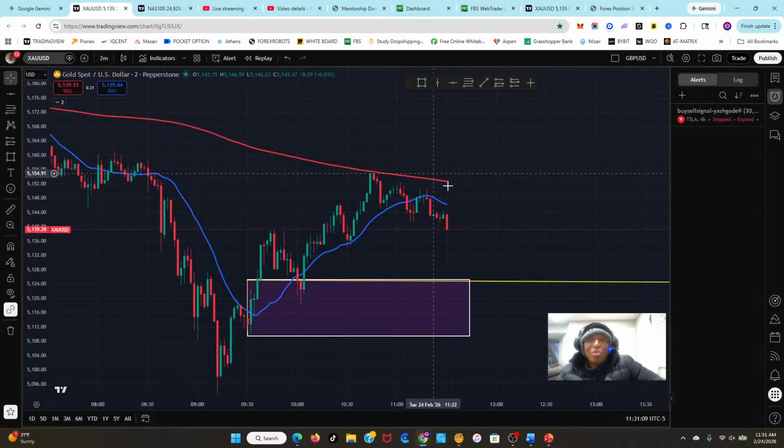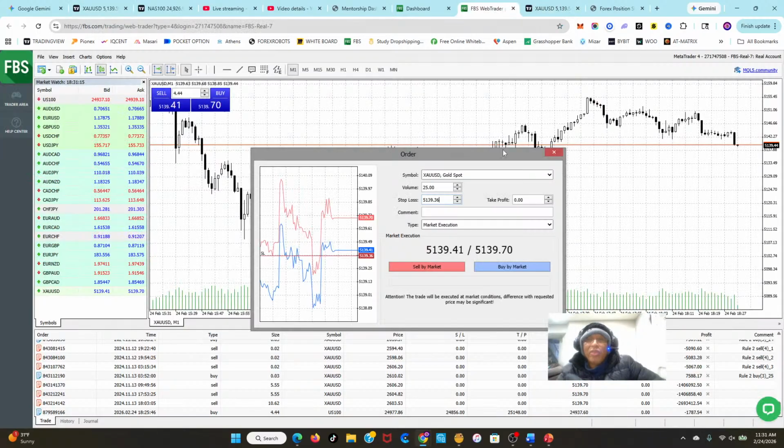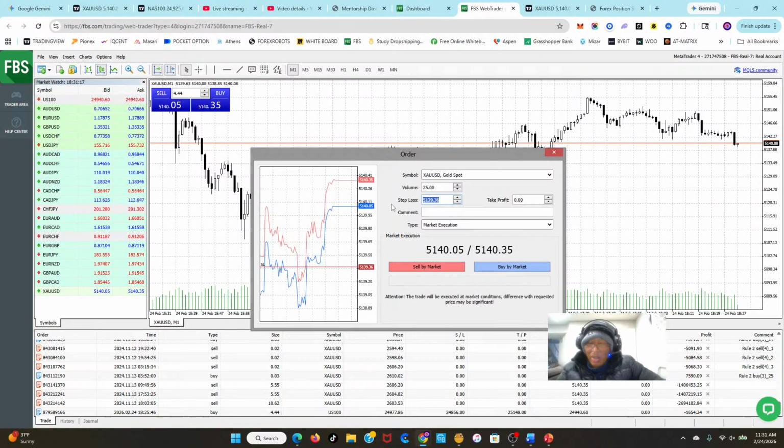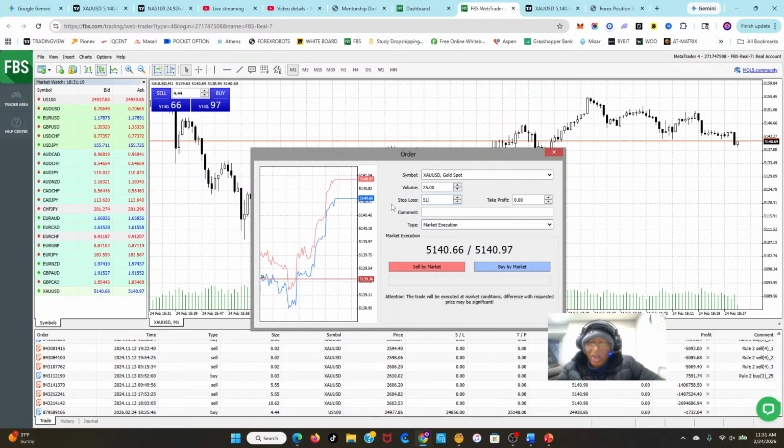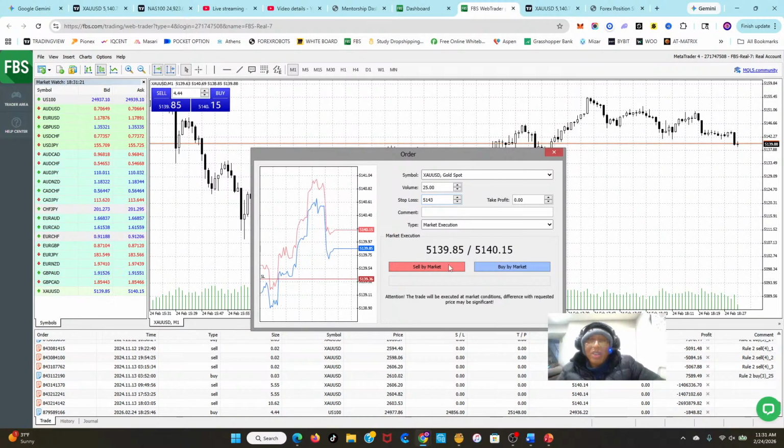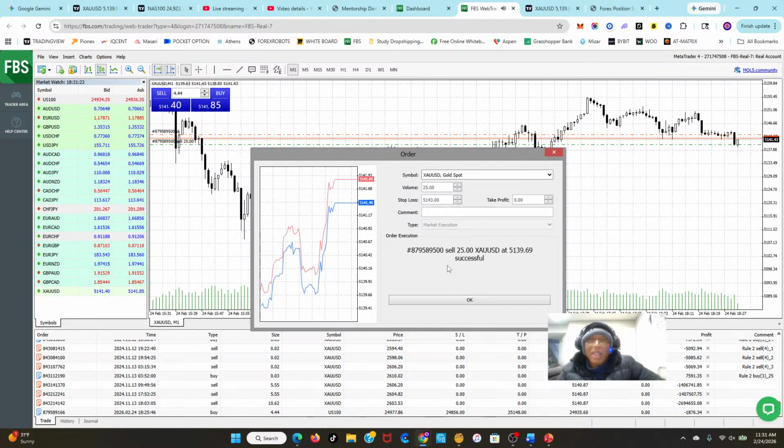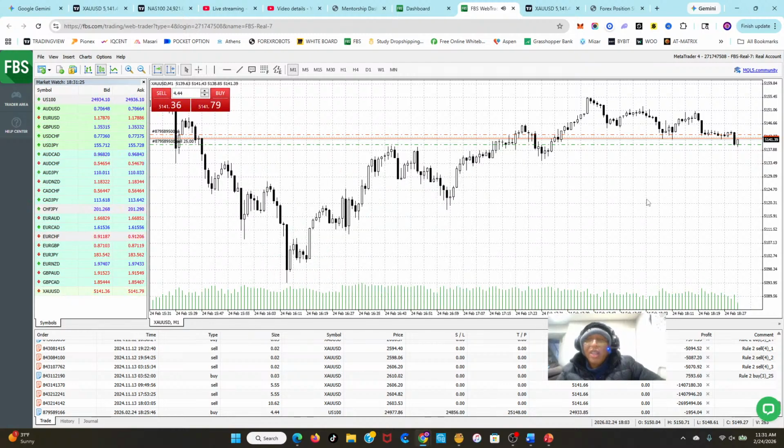So you have your stop loss right here at 51.43. You sell, and you're in, and you're looking at it like a pro. Might be too late, but you're in. The fact is you're in, so you can't go back now.